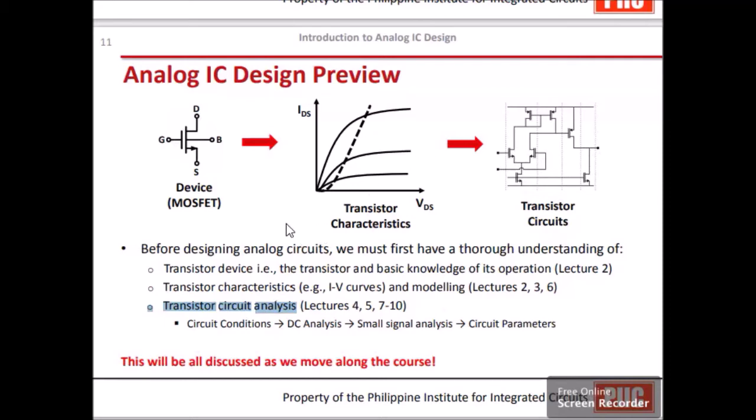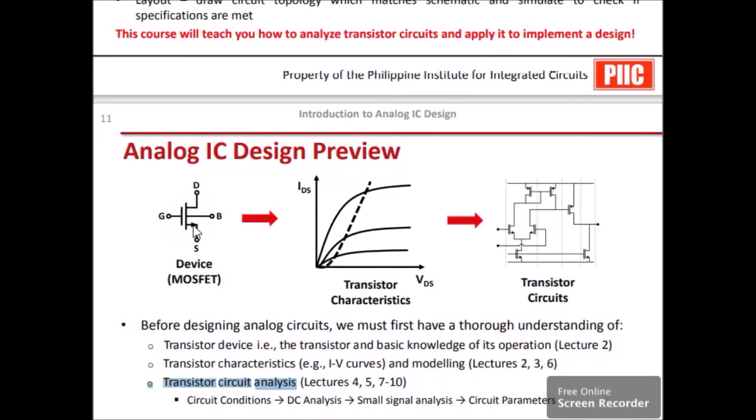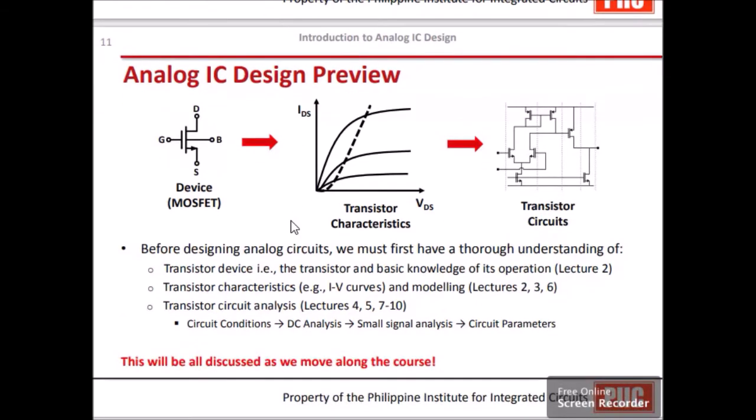Okay po? So, ito yun. Okay? Ito yung device mismo. This is the symbol for our MOSFET and this is the characteristic na sinasabi natin. So, you will be using some tool later on in getting our IV characteristic for certain device. Okay?